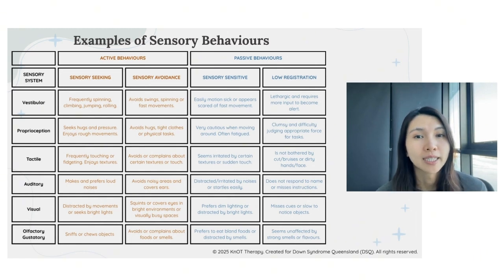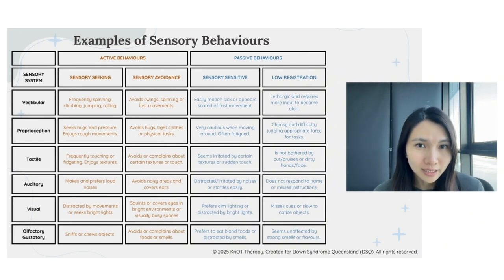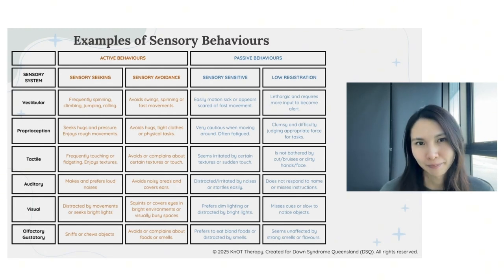Or showing low registration of, let's say, visual input, meaning they miss visual cues or don't seem to notice what's happening around them. It's important to remember that every student is different and they might seek sensory input in one system but avoid it in another. For example, just because a student loves movement doesn't mean that they'll also love loud sounds or messy play and vice versa.